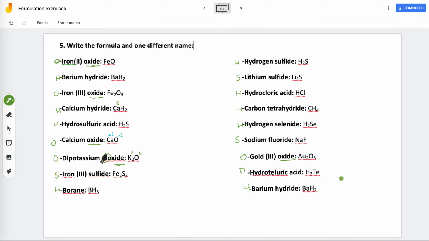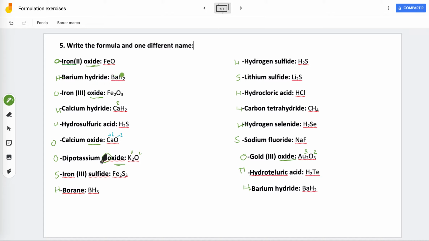Okay, oxides, we have gold 3, and oxygen with 2 oxidation number, with the swift, and we obtain this, and that's it. We are going to finish with hydrides. Hydrides, of course, all the other hydrogens have 1, and barium.